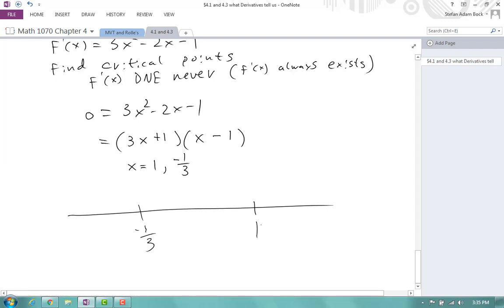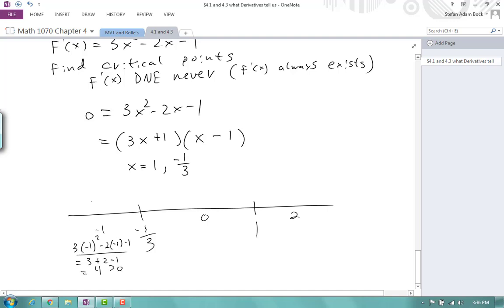If I plug in negative 1, 0 and 2, for example: with negative 1, I'll have 3 times negative 1 squared minus 2 times negative 1 minus 1, which is 3 plus 2 minus 1, which is 4.